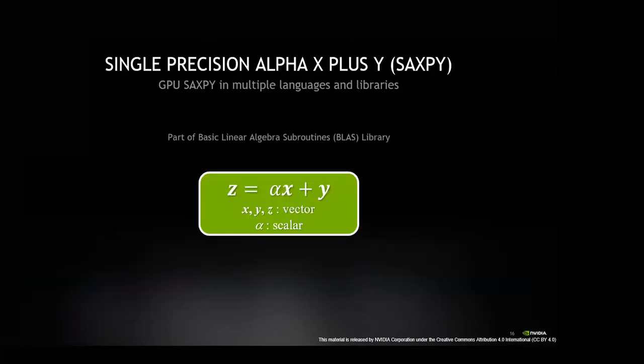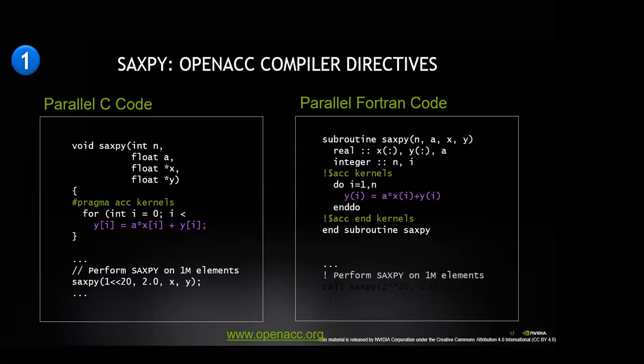And to give you an overview of how to do it, just briefly, a SAXPY, so a linear combination. This is what is shown on this slide, where we are computing a vector Z being a linear combination of two vectors, X and Y. If we look at the OpenACC implementation, both Fortran and C, you see that we have added one directive here, a kernels directive in C, to parallelize the loop and have the code executed on the GPU.